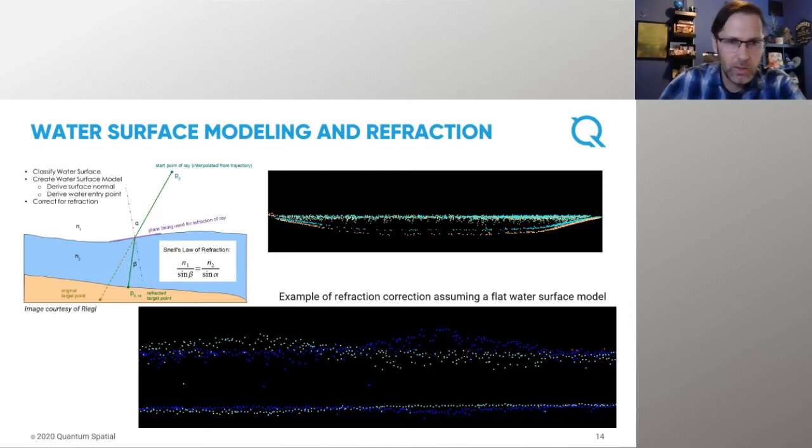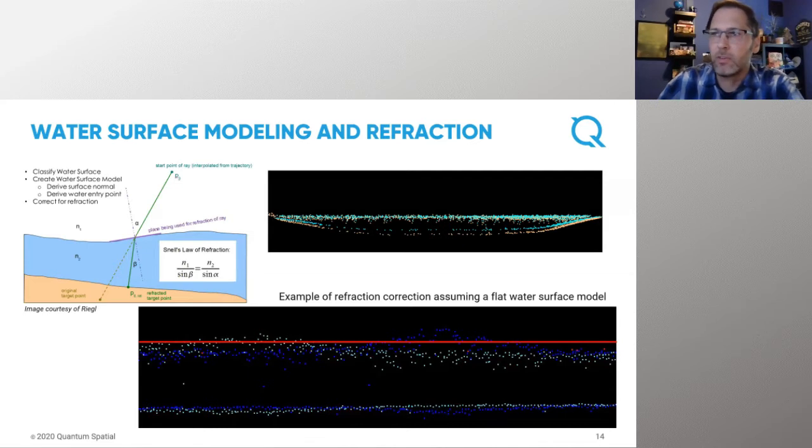And if you look at the bottom picture here, I think I got it. Now, if you were just to refract with a flat surface, what you're going to end up seeing is these wave heights are going to propagate into the bathy bottom model. You need to actually capture the wave height with that.